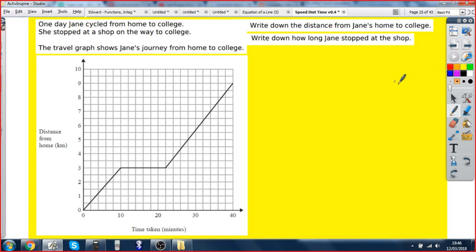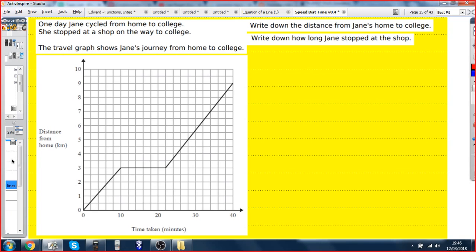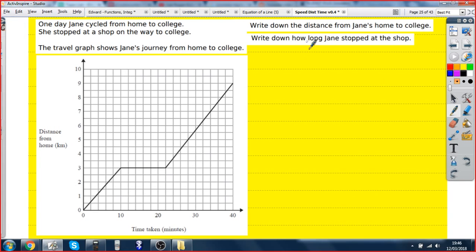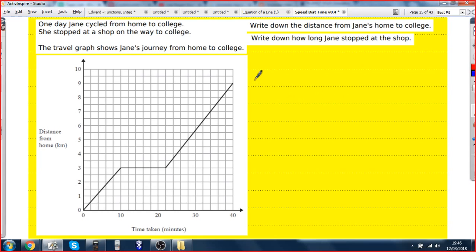Okay, this one. So now you have to work stuff out using the graph. Write down the distance from Jane's home to college. Just 9 kilometers. Yep. And write down how long Jane stopped at the shop. 11 minutes. Is 1 square 1 minute? No. So 22 minutes.